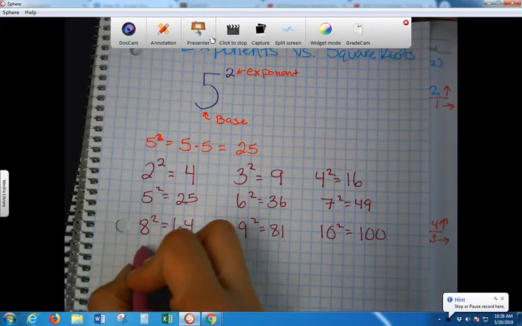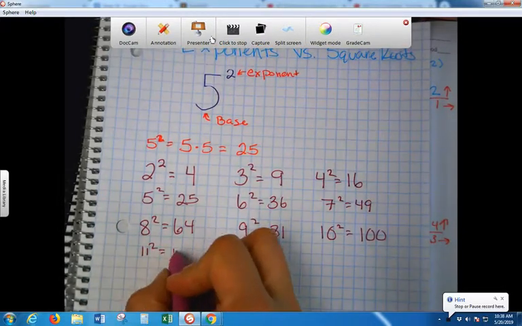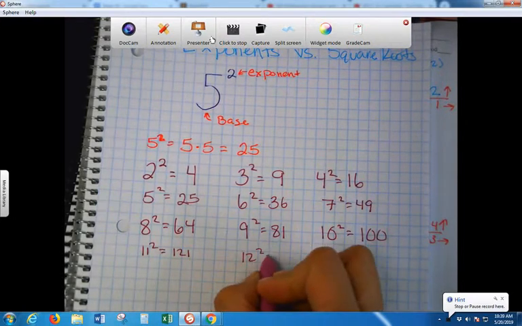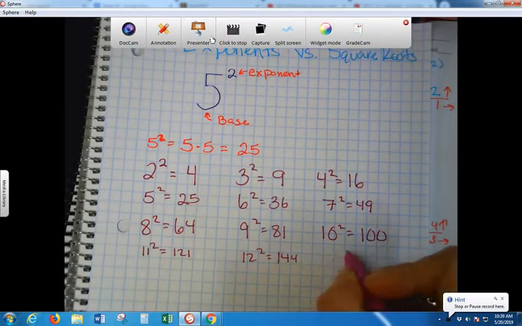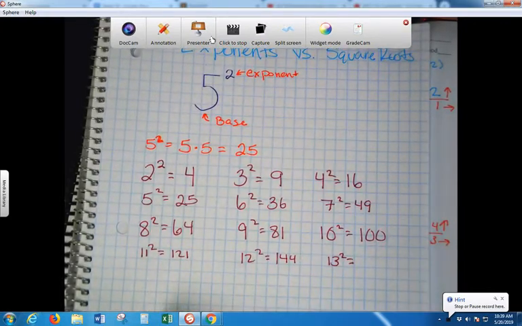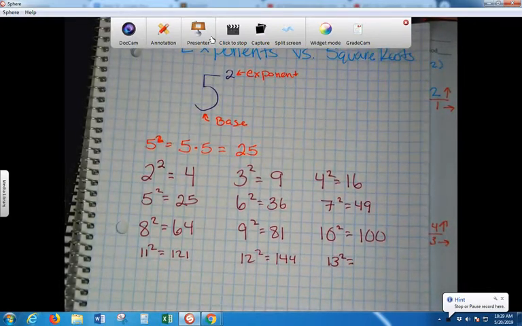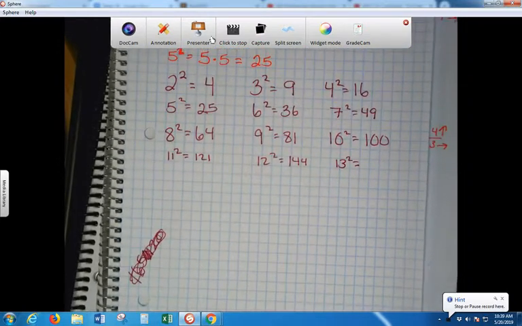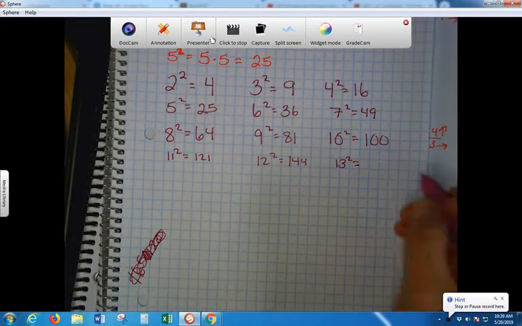11 squared? 121. 12 squared? 144. 13 squared? I don't know. Yeah, this is when I start losing the kids. Do the math. Do 13 times 13. 169.